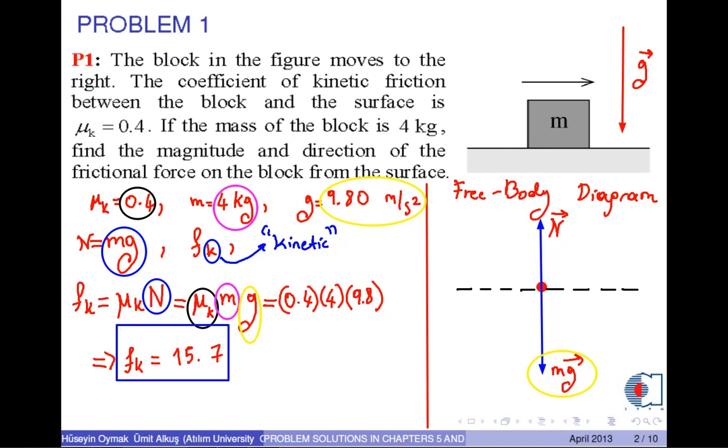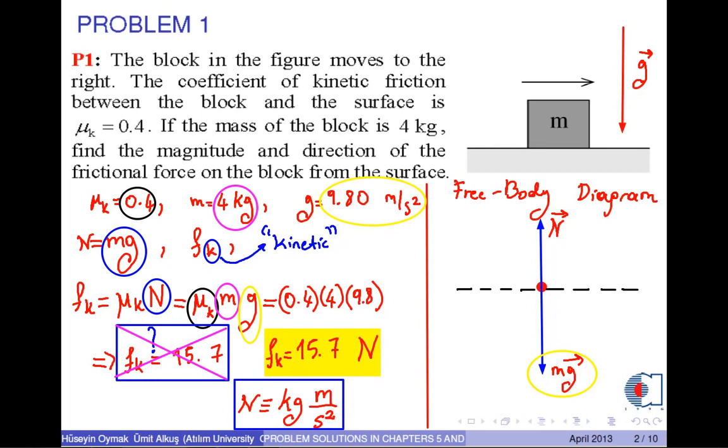Note that your final result has to be in 3 digits. Well, is this result true? No. The last step is to put the unit of the force, which is Newton, and it corresponds to kilogram times meter per second squared.